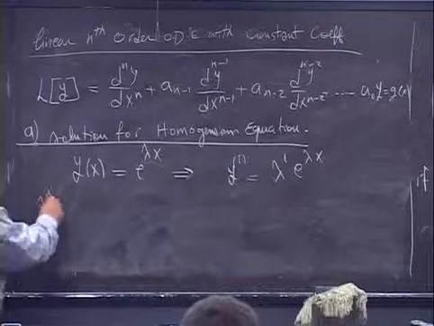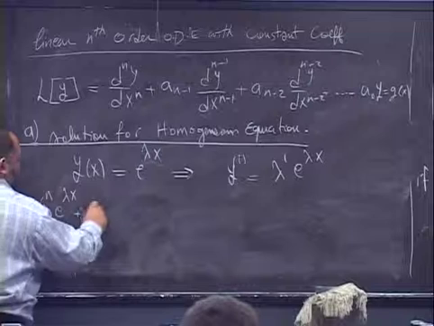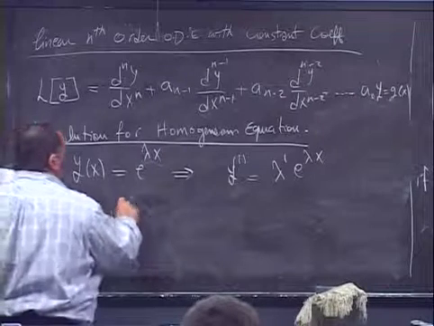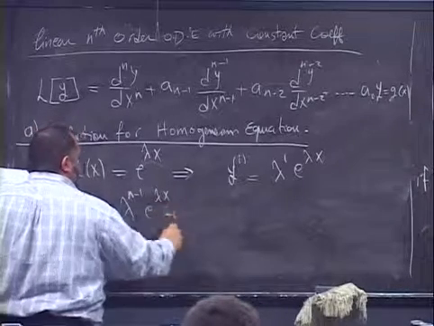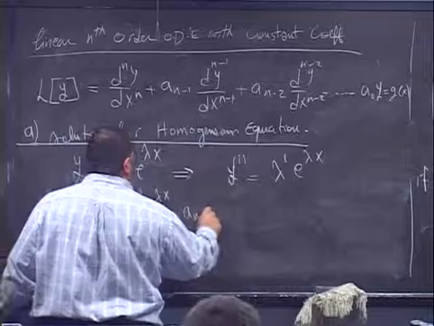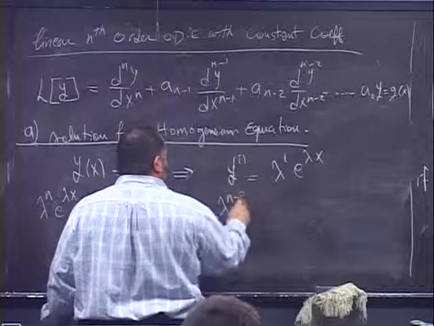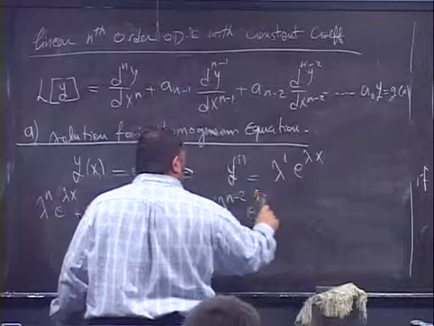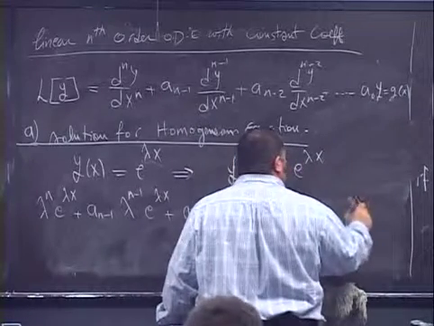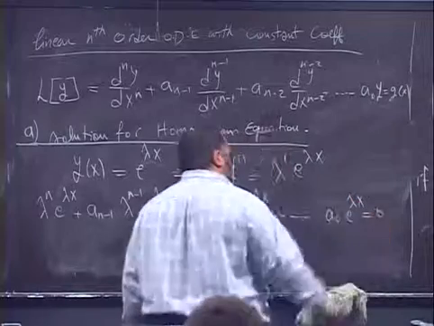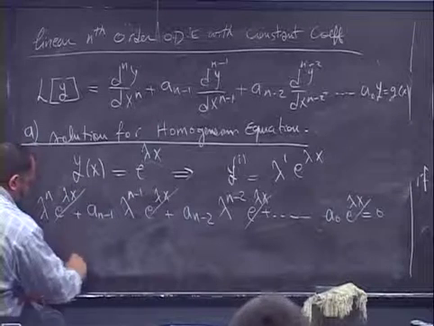This will give you lambda to the n e to the power of lambda x plus a n minus 1 multiplied by lambda to the n minus 1, and this will give me a n minus 2 multiplied by lambda to the n minus 2 e to the power of lambda x, up to a naught multiplied by e to the power of lambda x, equal to 0. So e to the lambda x will go with e to the lambda x, and you have what?